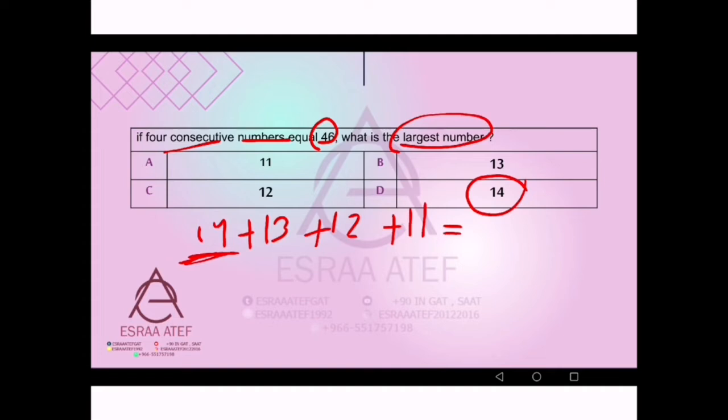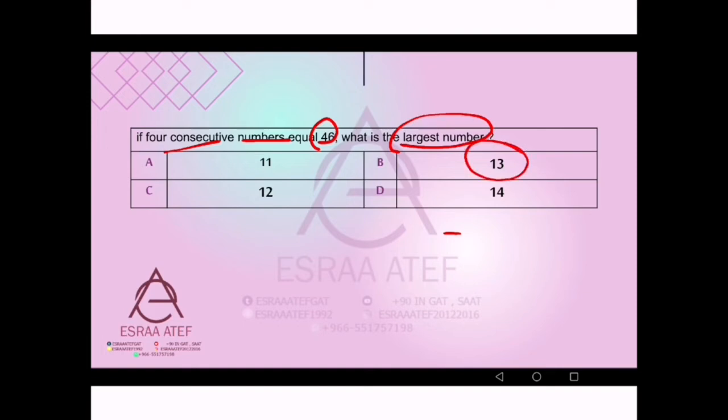If we add them to each other, 4 and 2 is 6, 6 and 3 is 9, 9 and 1 is 10, so it will be 50. So we can't choose this answer, it's not right. We will take the smaller one, which is 13.